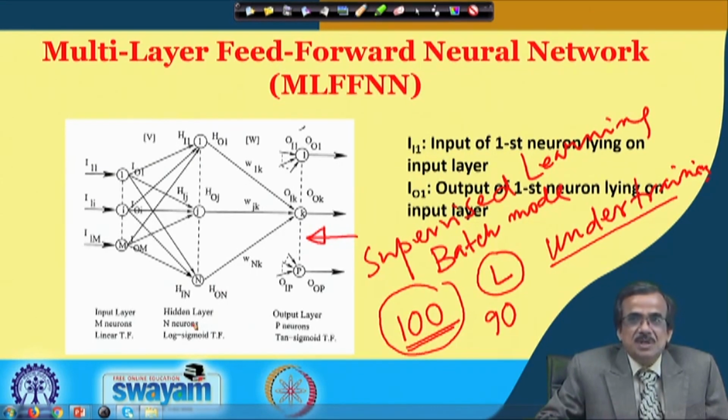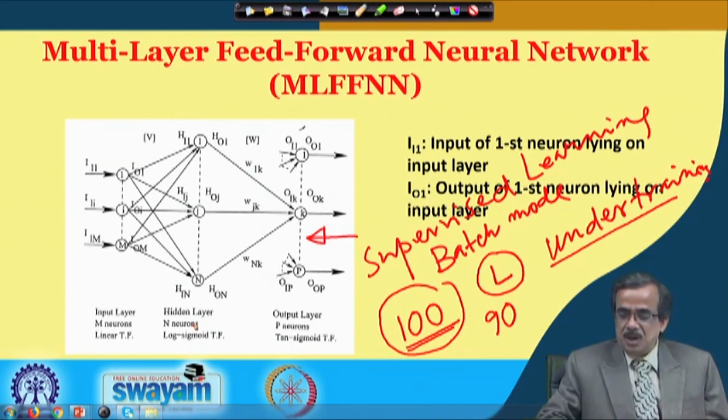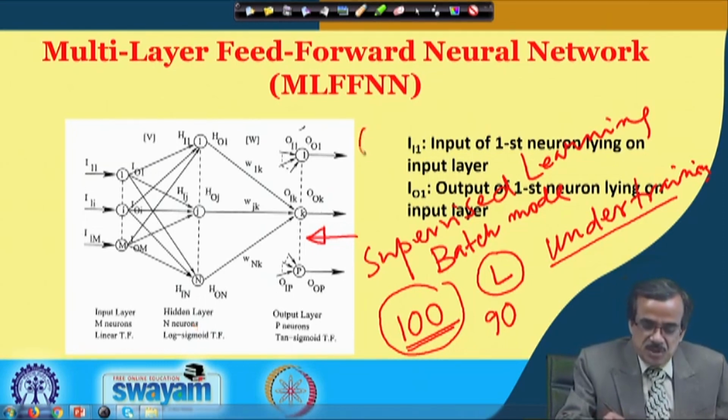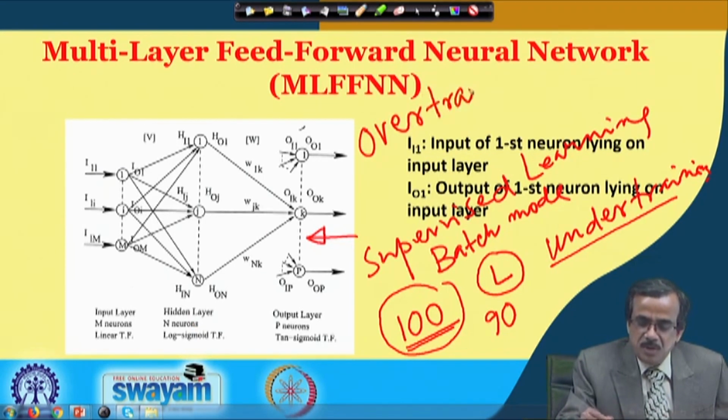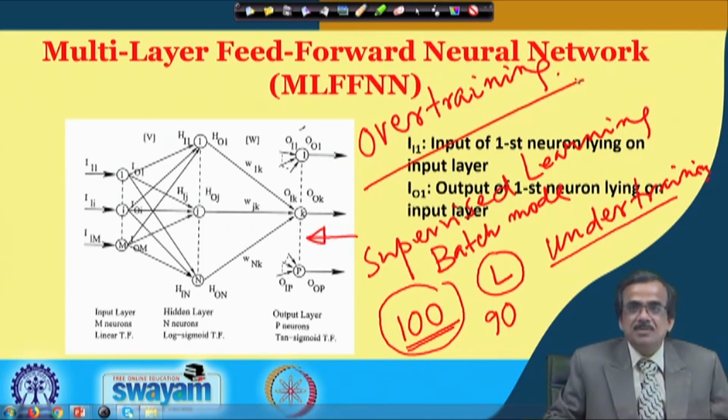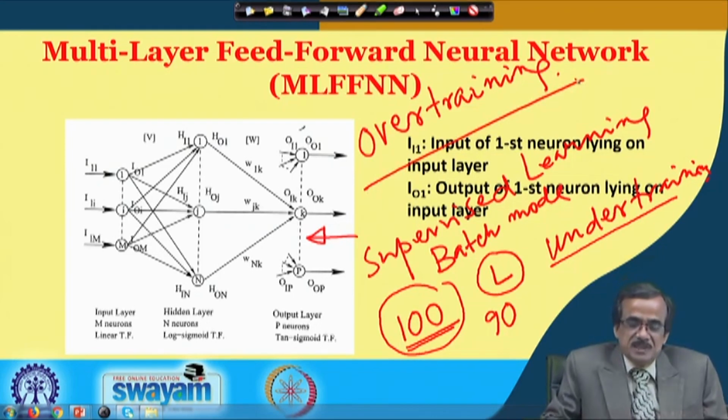The answer is no. Here there will be some sort of overtraining. This overtraining is also not good for this particular network, and the reason I am going to discuss in detail.